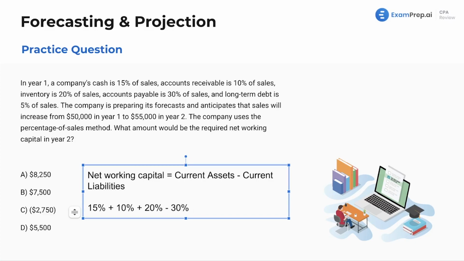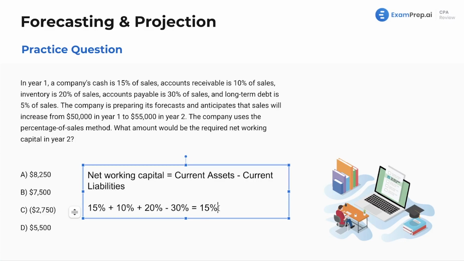See what I did there? That is a much quicker way than doing all the multiplication together. We're just summing these all together. Minus 30, so that gets us to 15%, equals total of 15%.